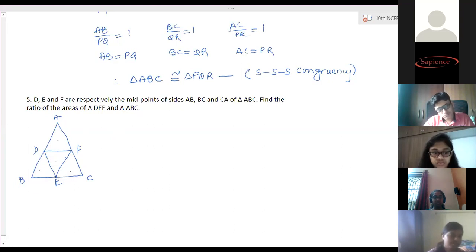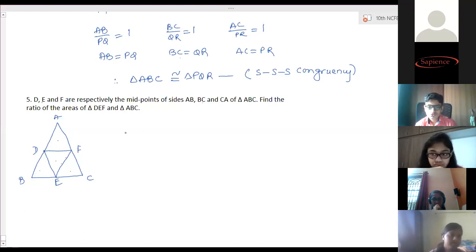Then E and F are also midpoints, so EF is half of AB, and DE is half of AC. All three sides of triangle DEF are half of the corresponding sides of ABC. So the ratio of sides is proportional.